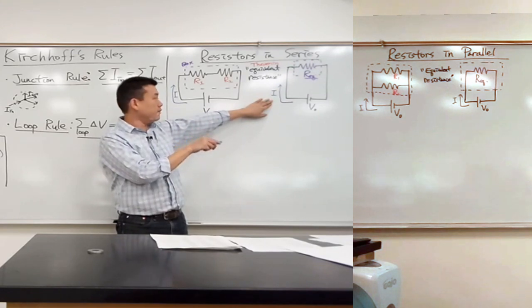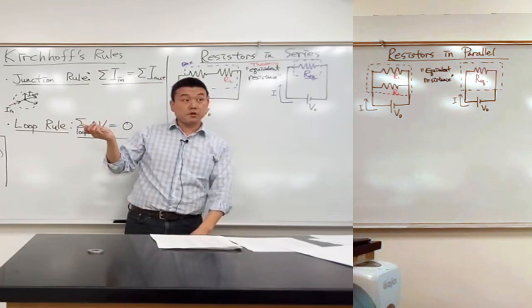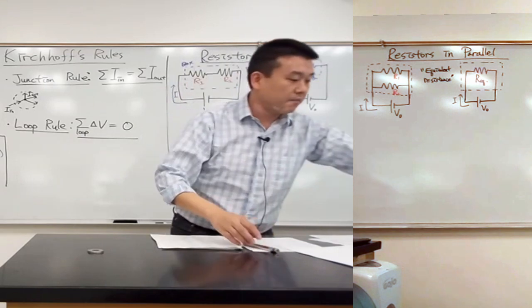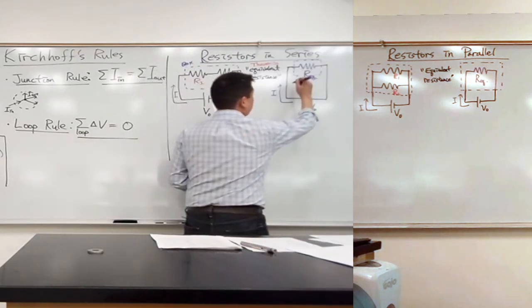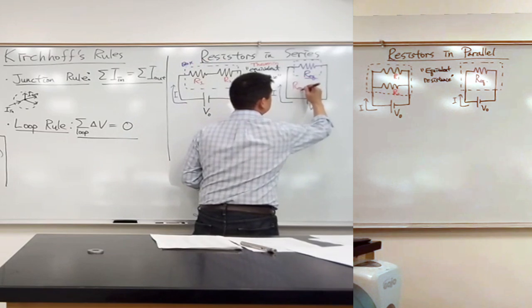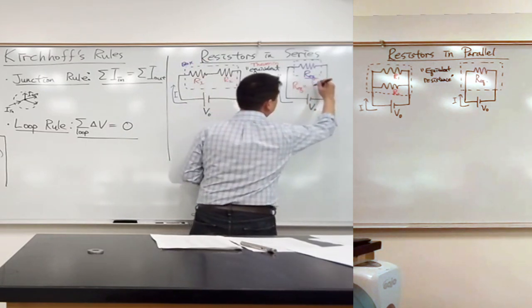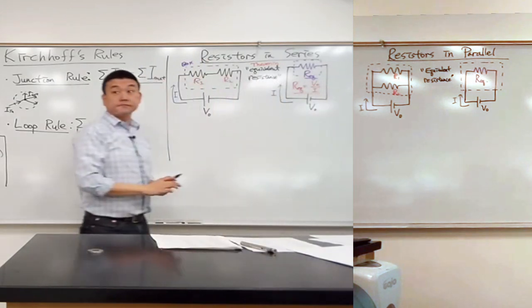Okay, so I know the current and voltage. How does that relate to the equivalent resistance? Yeah, you relate it through Ohm's law. So whatever the single resistor there is, it must be consistent with this expression: the equivalent resistance is equal to whatever voltage I applied divided by the current that's passing through.